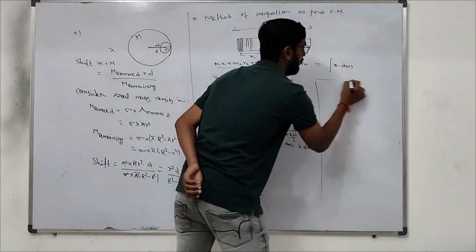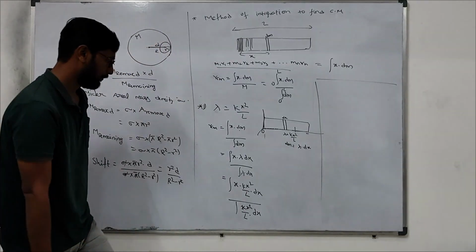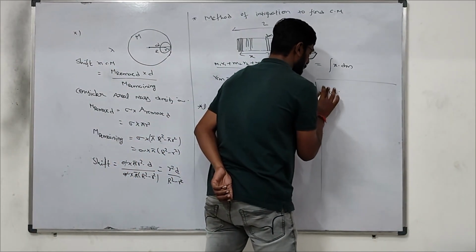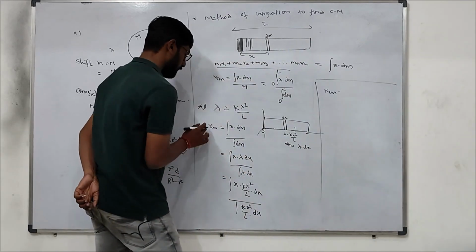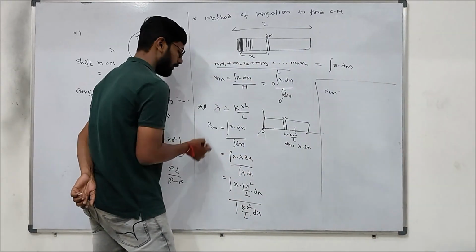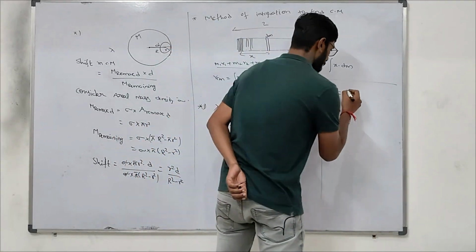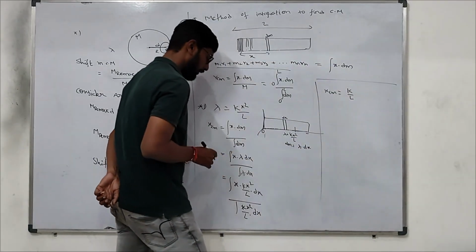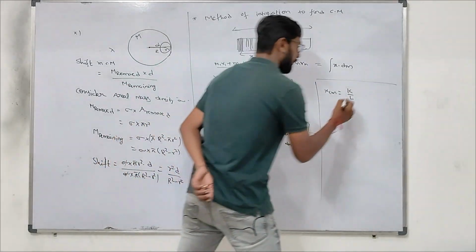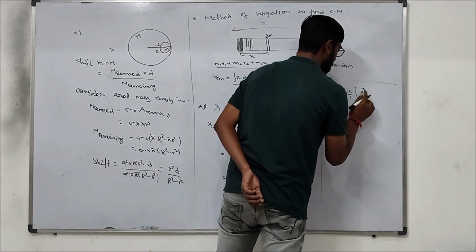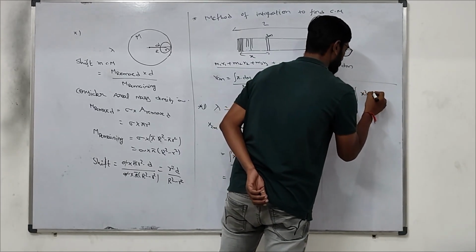So I will do the remaining portion here. x is cm, right? Because it is on the x axis. So x_cm will be equal to what? K by L is a constant, so I have taken it out. So integral x cube dx by integral x square dx.